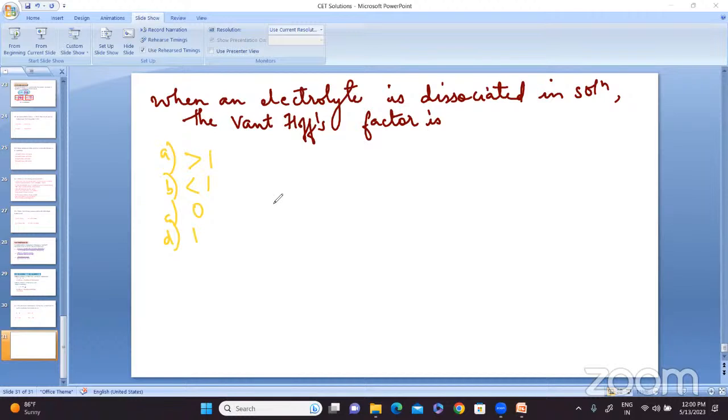Yes, when an electrolyte is dissociated in solution, what is the Van 't Hoff factor? Is it less than 1, greater than 1, 0, or 1? We have seen this here.